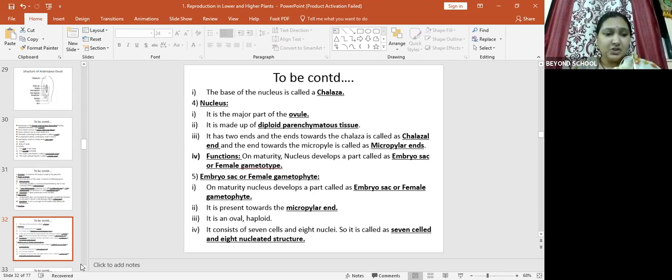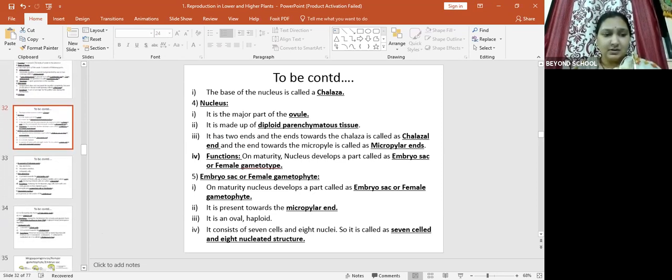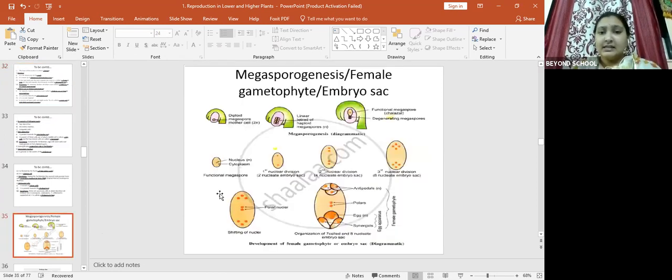Let me show you the diagram first. These are all the processes which we are going to study under megasporogenesis. Megaspores, the female spores, are formed from the megaspore mother cell, which divides meiotically, not mitotically, and hence this process is called megasporogenesis. We will study this whole cycle soon.